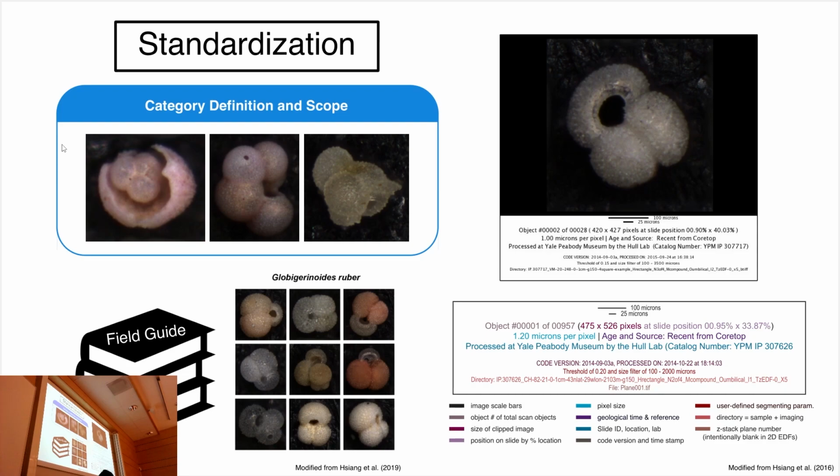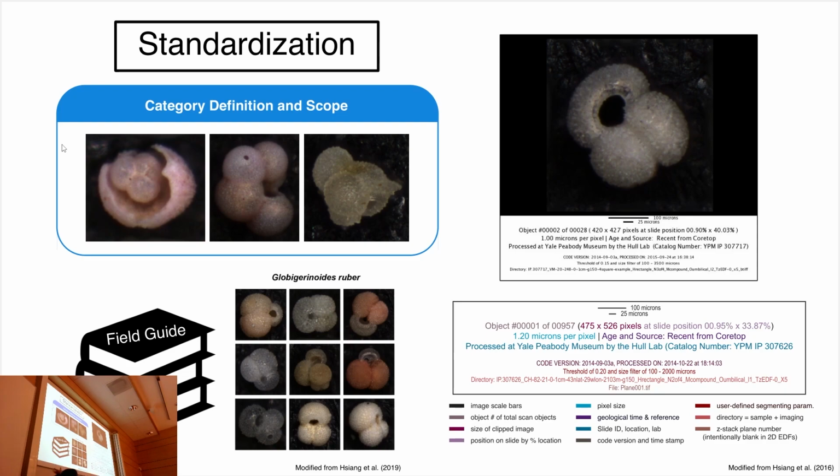And so this is sort of specific to, of course there's intraspecific variation in pretty much everything, but in planktonic foraminifera it's particularly acute. So you can see here, this is one species, Globigerinoides ruber. This is just an example of the type of variation that you'll see within this one species.